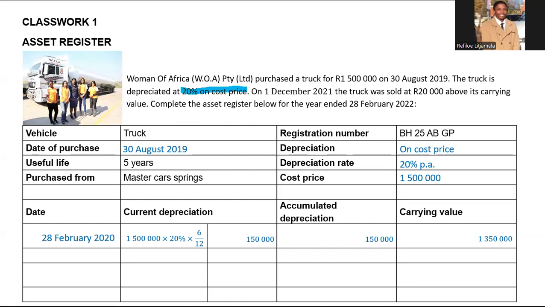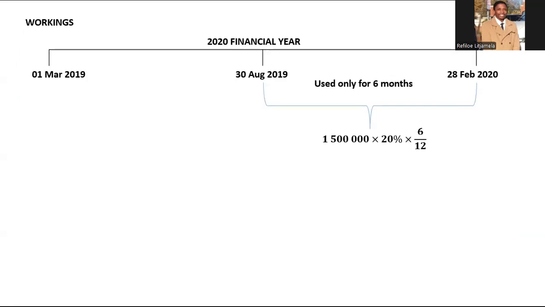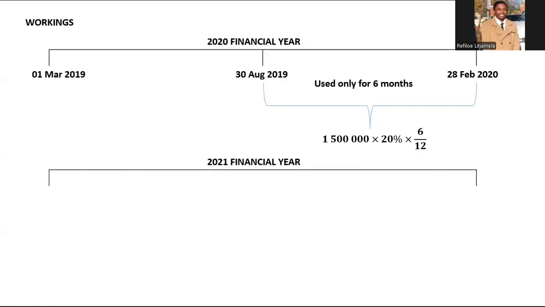The next financial year runs up to the 28th of February 2021. Remember, by that year, we would have used this asset from the beginning of the year. So the beginning of that year will be the 1st of March 2020. It will run up to the 28th of February 2021, meaning that for that year, we've used this asset for the entire 12 months.